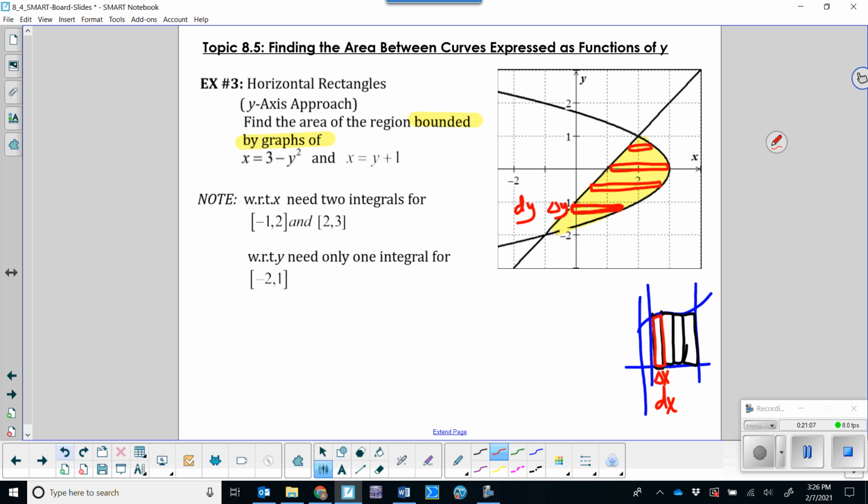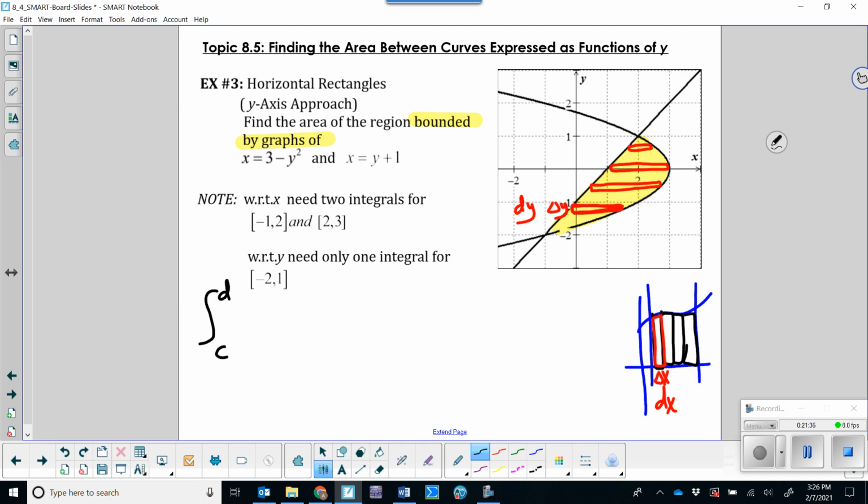Okay? So basically, if it is right and left, like this way, if I have a horizontal representative rectangle, so that's the one that represents this situation best, then my generic formula will be integrate from C to D, and we just use C and D because A and B are usually our right, or on the x-axis, so this would be my y values.